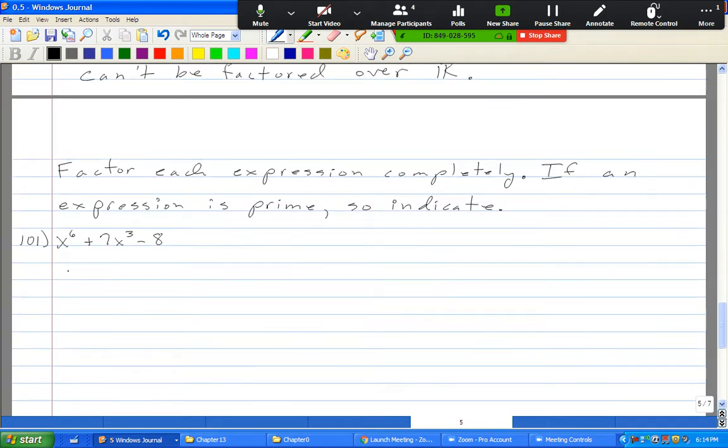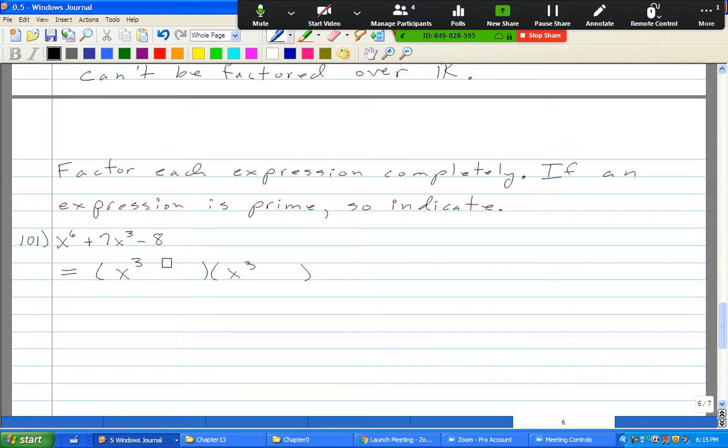So let's try to factor this. Notice that this is quadratic in x cubed. So I can factor this as x cubed, x cubed. Now this is a monic quadratic trinomial in x cubed.